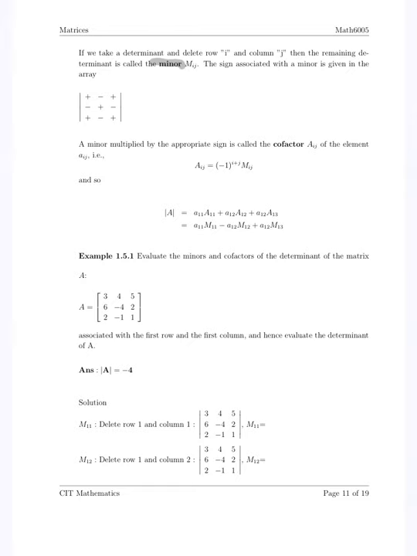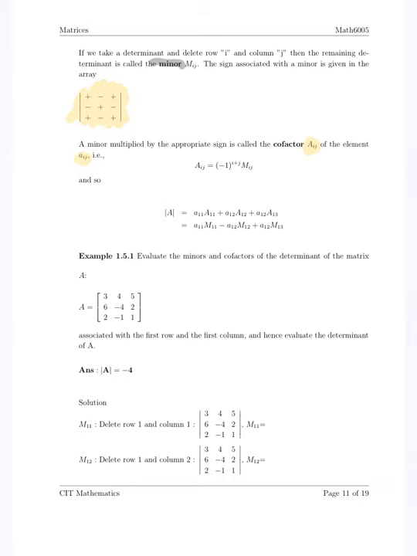So the sign associated with the minor is given in this array here. If you're going across the first row, it's going to be plus, minus, plus. If you were doing the second row, it would be minus, plus, minus. So we say here that the minor multiplied by the appropriate sign is called the cofactor, big Aij, of the element aij.